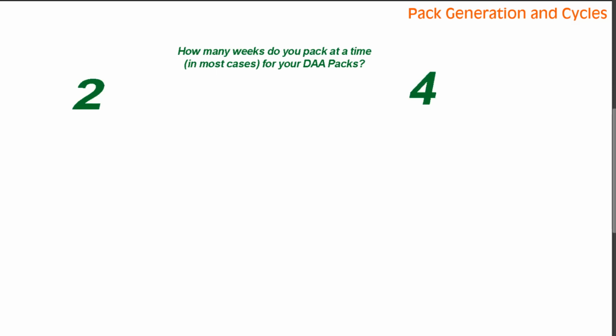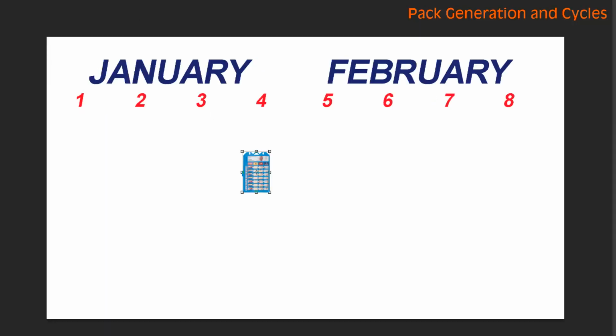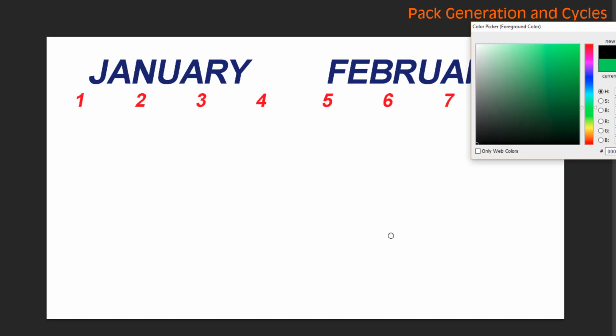Going on from here, if you have, let's go four. Four is really the easiest. With four, if we just look at this section here, with 4 weeks, let's just call this the Chemist, CH.